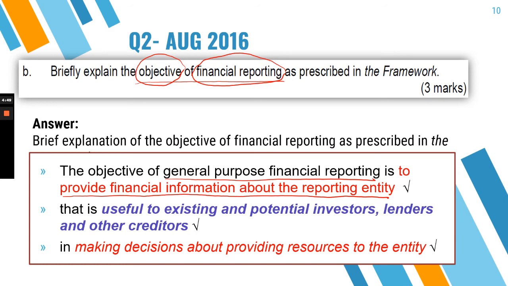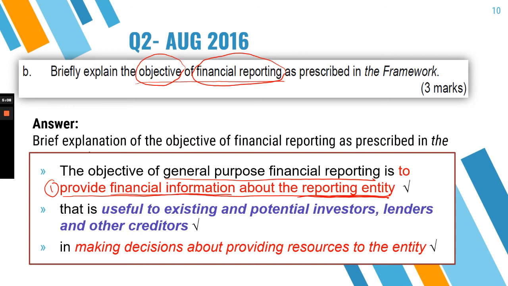So there are a few points here. Number one, the financial reporting has the objective to provide financial information. You can see here, financial information. About what? About the reporting entity.